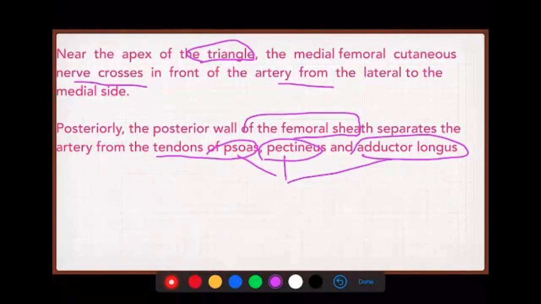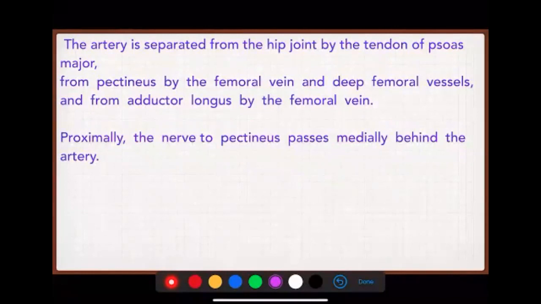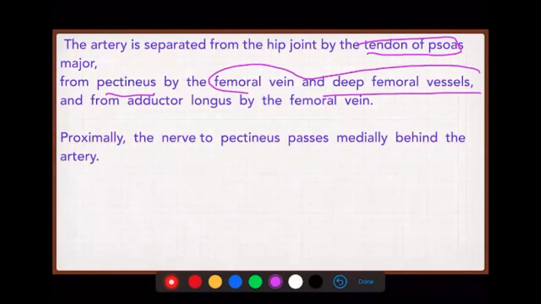If you remember correctly, the artery is separated from the hip joint by the tendon of psoas major, from pectineus by the femoral vein and deep femoral vessels, and from adductor longus by the femoral vein.